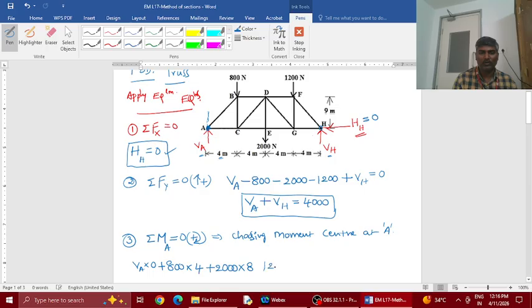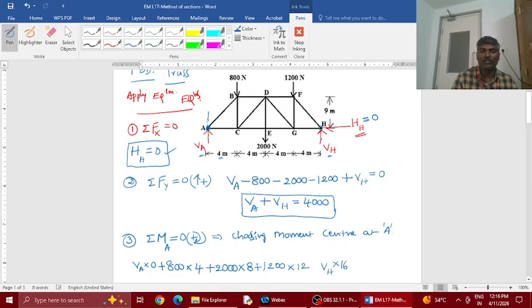So 1200 into distance from A till this line of action, perpendicular distance is 12 meters. Direction, line AG is being rotated clockwise again. So plus. Coming to the last force, which is VH, multiplied by the perpendicular distance from A to H, it is 16 meters.